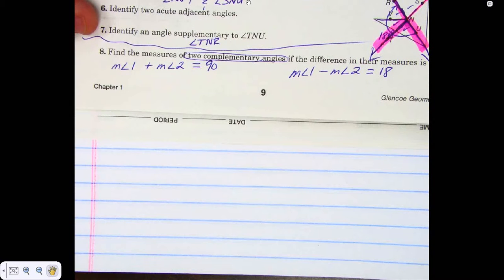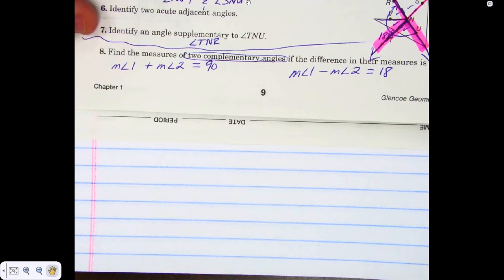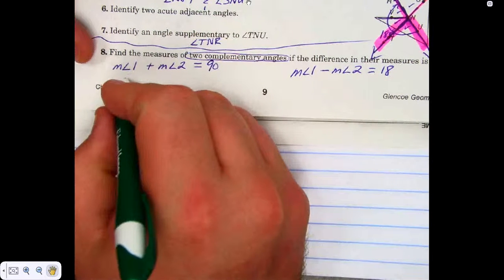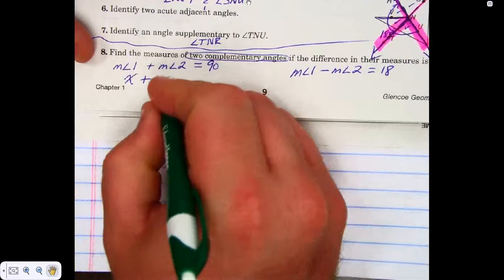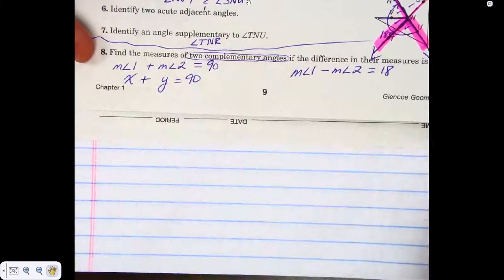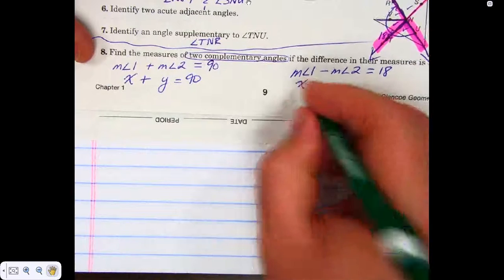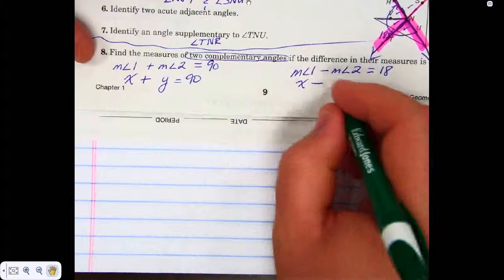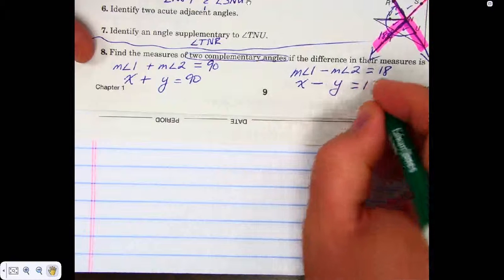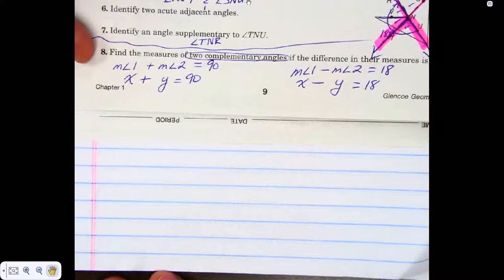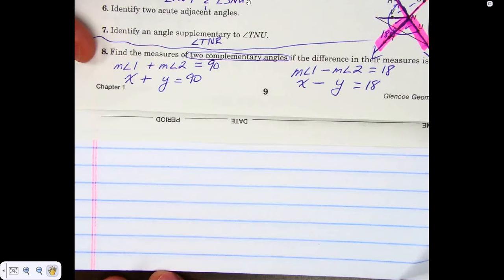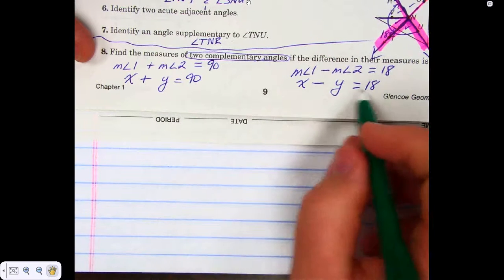Have you guys ever solved two equations with two unknowns before? What if you replace the measure of angle 1 with x and the measure of angle 2 with y? Then x plus y is equal to 90, and x minus y is equal to 18. You need to solve that system of equations. You can do it by a substitution method, or you can add the two together.